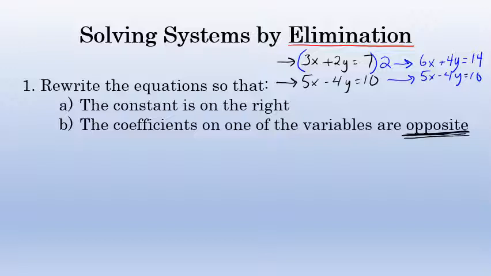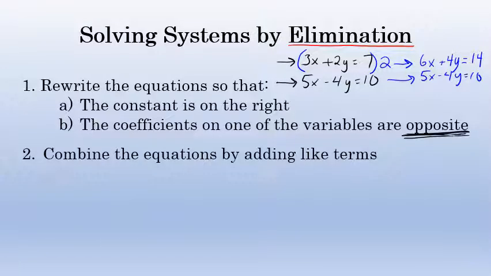We will discuss this process in detail when we do our example for solving a system by the elimination method. After you have two equations with a constant on the right and a pair of variables with opposite coefficients, you'll move on to step 2, which is to combine the equations by adding the like terms on both sides.